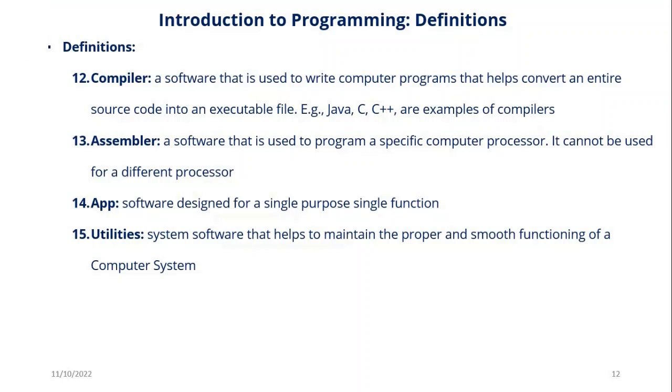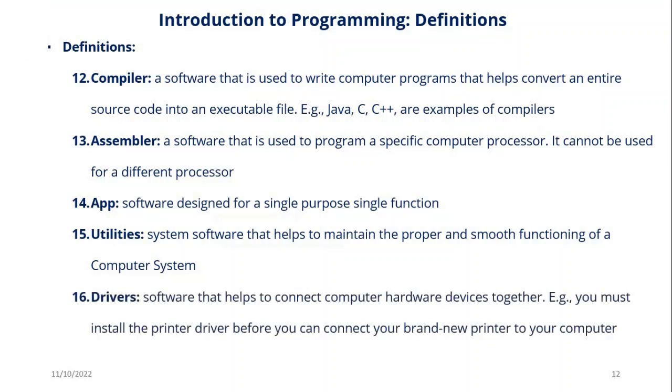Such kind of software, you may not use them to do some actions like typing a document or preparing a spreadsheet or presentation, but they have specific functions. The moment you start your computer, they load up. So they help to maintain the proper and smooth functioning of a computer system. Okay, we'll see more of that as we progress.